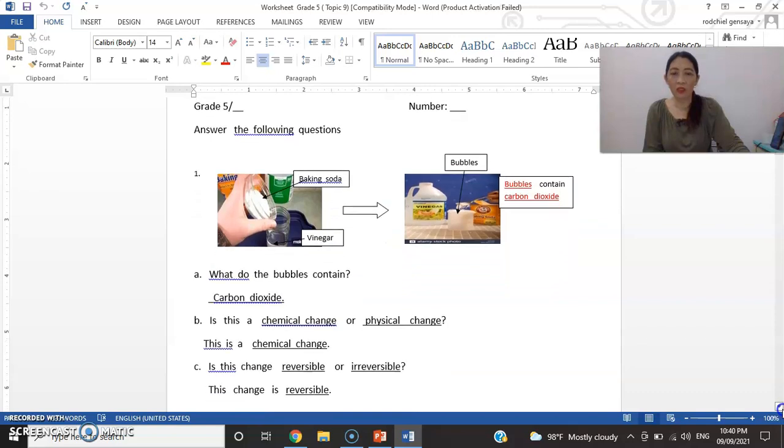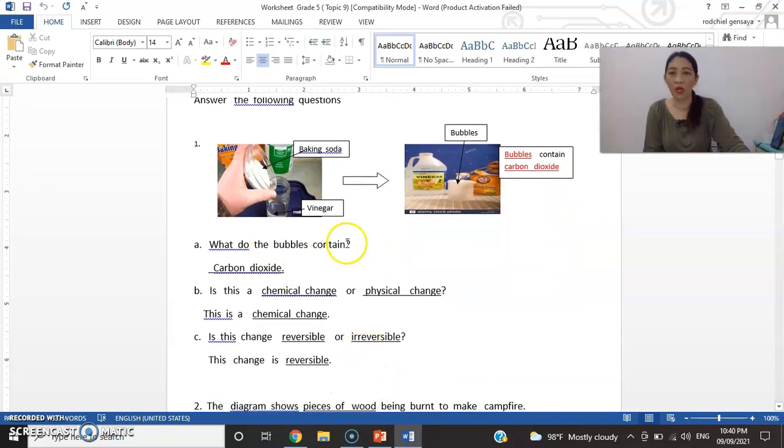Number 1 question, letter A: What do the bubbles contain? The answer is carbon dioxide. Letter B, is this chemical change or physical change? The answer is chemical change. Letter C, is this change reversible or irreversible? This change is irreversible. This is the answer.